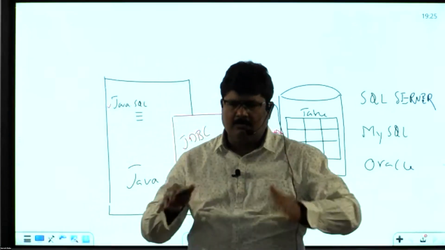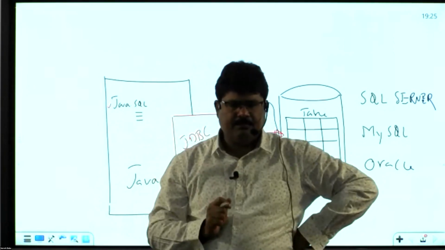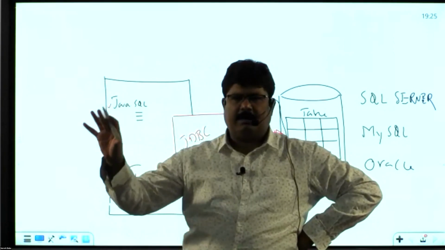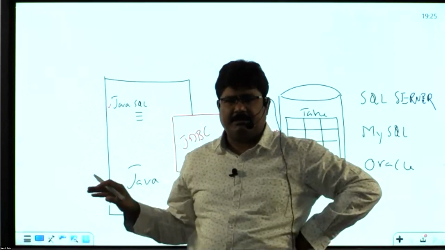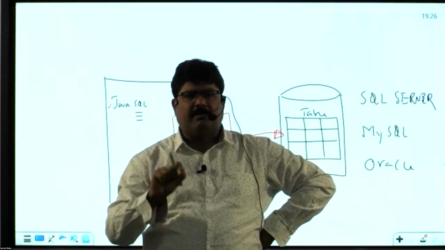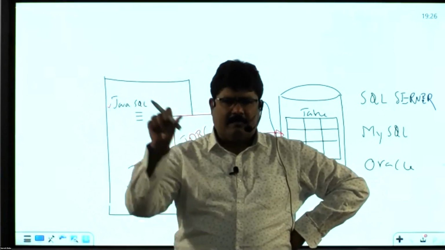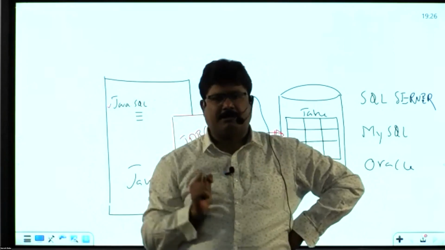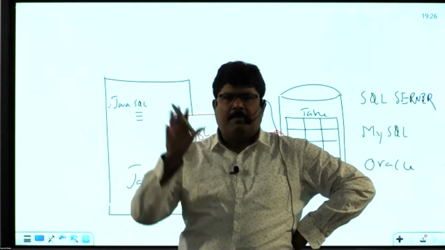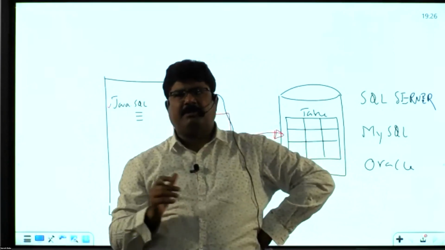Now, first you need to decide what type of database we are communicating with: SQL Server, Oracle, or MySQL. Based on the database type you are trying to communicate with from Java, we need to download the appropriate JDBC driver jar files and associate them to your Java project. To communicate with SQL Server, a separate plugin is available, the SQL Server JDBC driver.